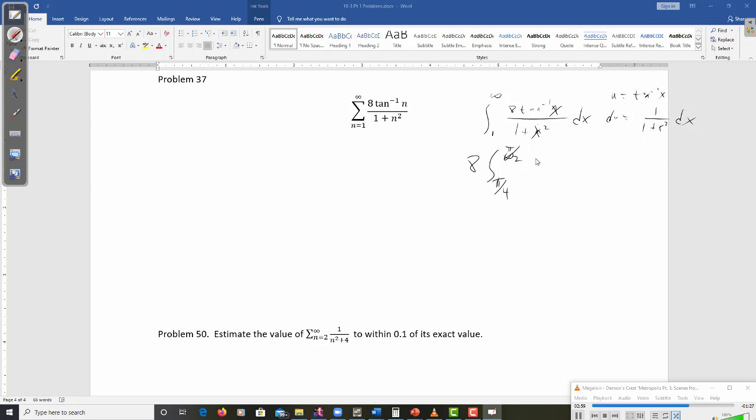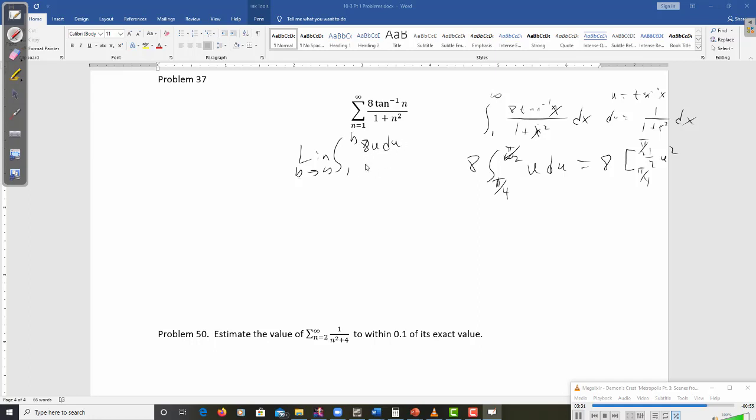So 8, and this would be u du. So this would become 8 times the integral of u, which is 1/2 u squared, from pi over 4 to pi over 2. You could also do the full process of doing this: limit as b goes to infinity of the integral from 1 to b of 8 u du.